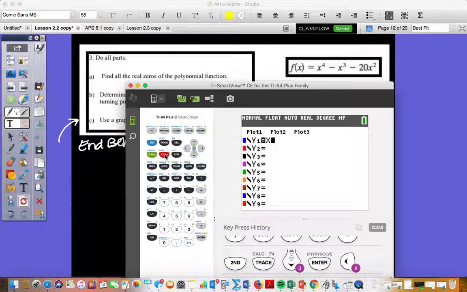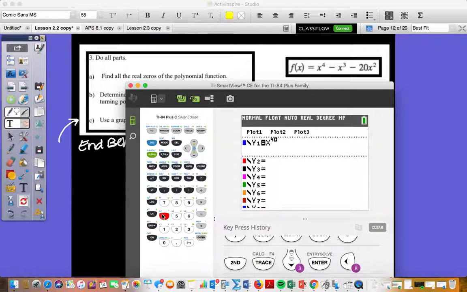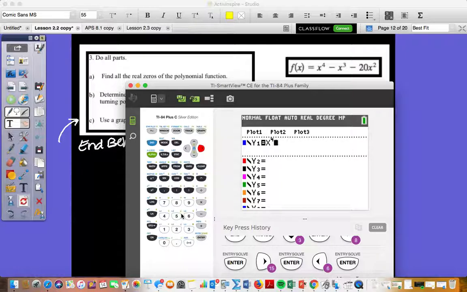Go to y equals, the top left right there, and then just plug it in the way you see it. The only thing you'll have to use is the caret right here, for x to the fourth. So we plug in the first equation. Yeah, it is good.